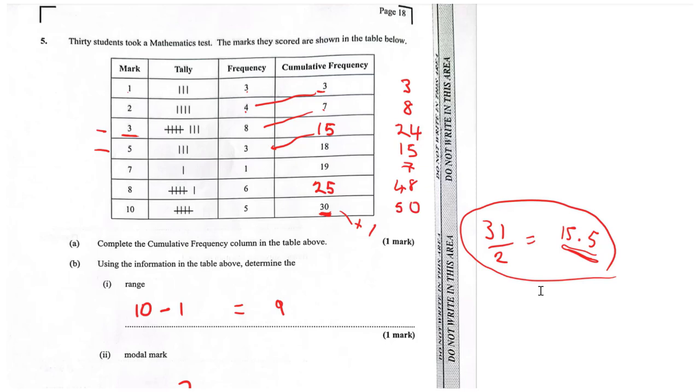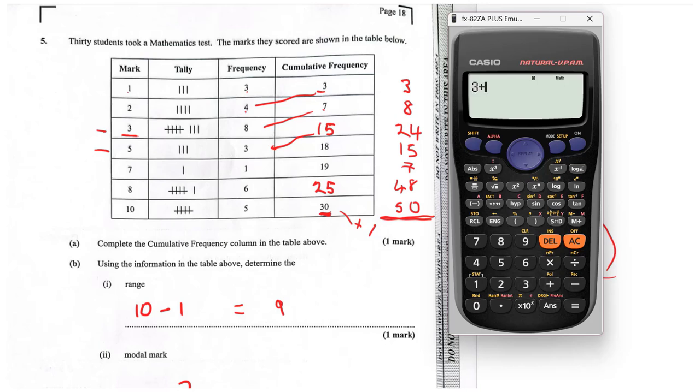Now we're going to add all of these numbers together. So let's get our calculator and add them. So we have 3 plus 8 plus 24 plus 15 plus 7 plus 48 plus 50. That is going to give us 155.